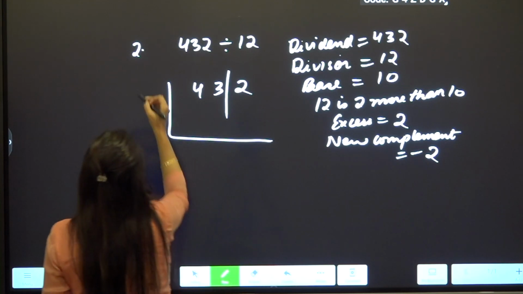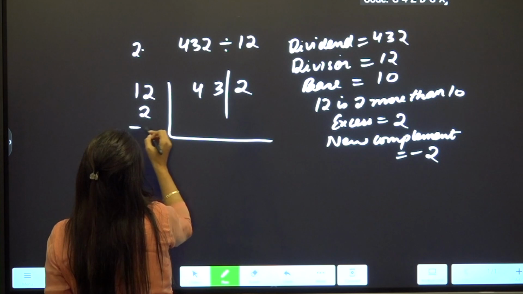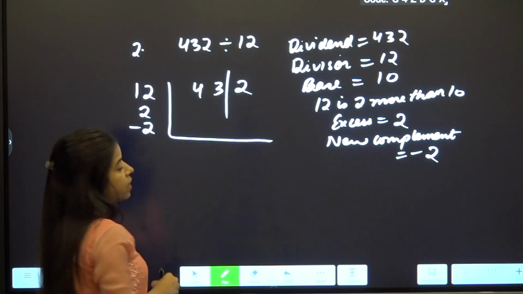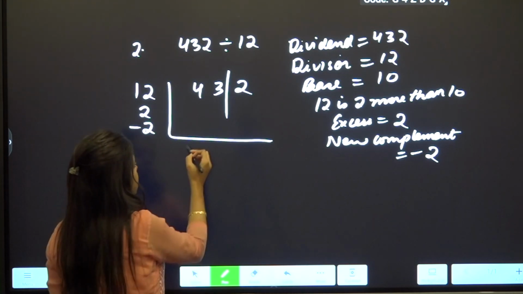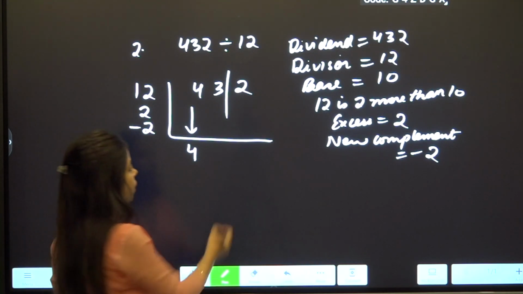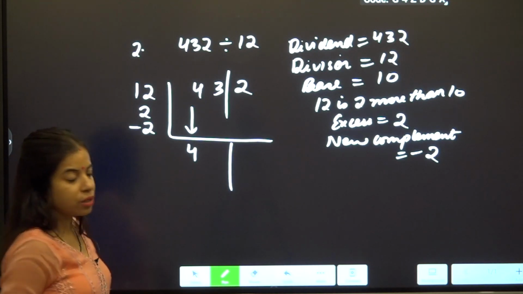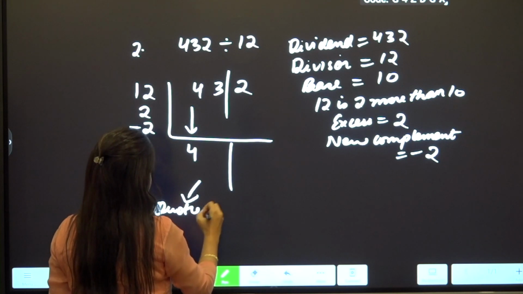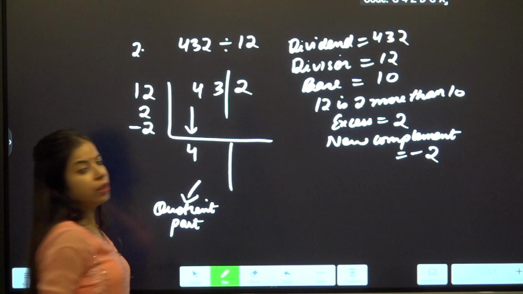To the left, I am going to write the divisor, the excess and its new or revised complement. First step is I am going to bring down the first digit as it is. So, 4 will come here as it is. Okay. Now I am going to multiply the first digit of the quotient part with the new complement.